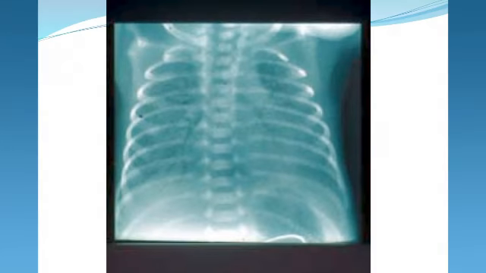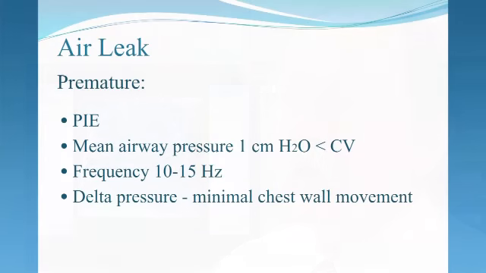And this is a baby with severe lung disease who's a term infant, and obviously this lung is very dense and you really can't see the heart borders or the diaphragms very well. And this baby will need a fairly high mean to get the lung open. Some of these babies may need means in the 30s to get the lung open. But once recruited, that mean can be weaned fairly rapidly.